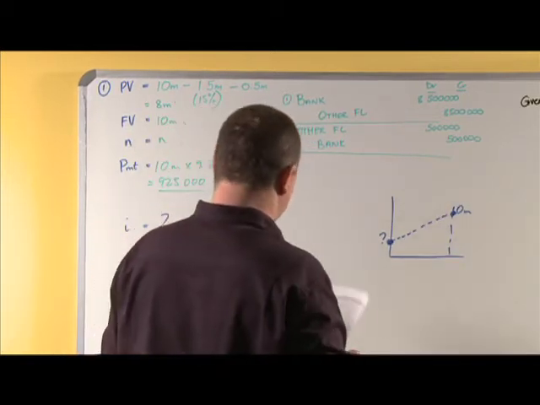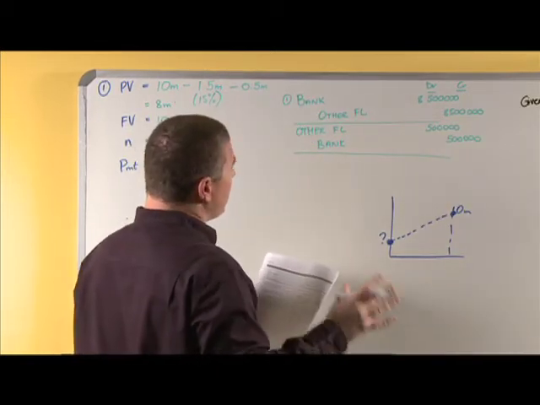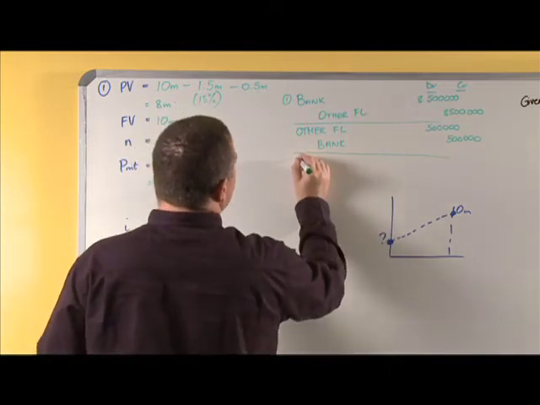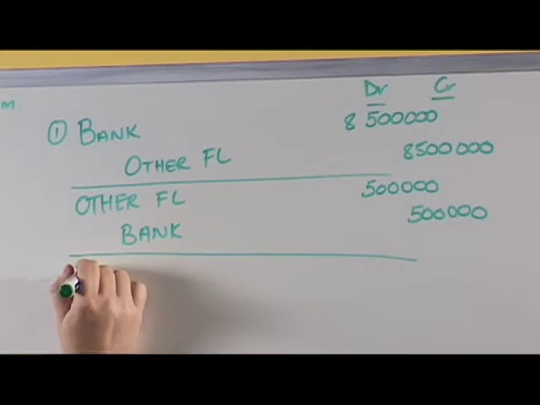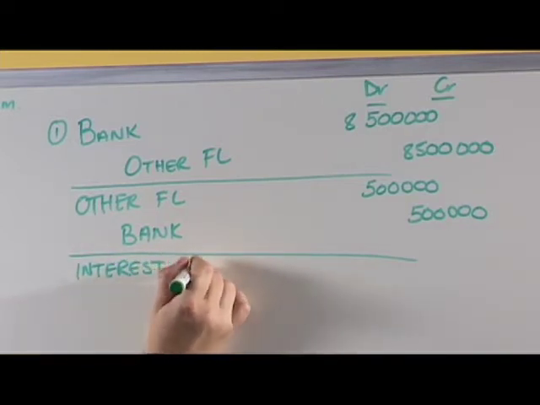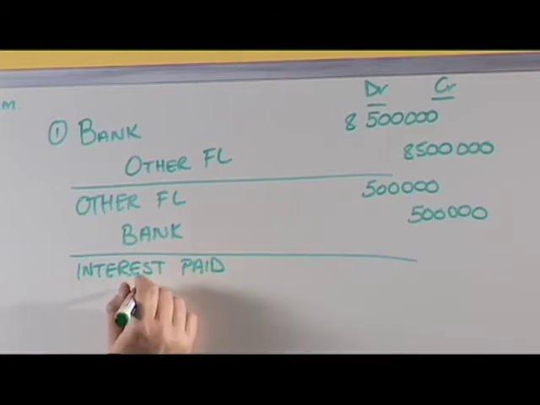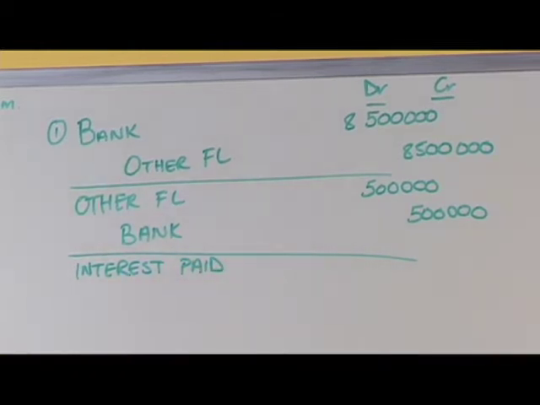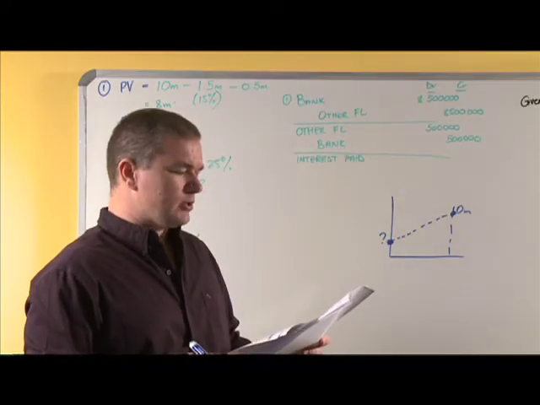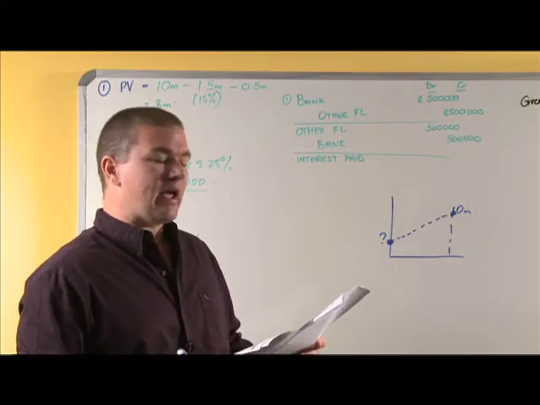Now I come along and say to myself, that's the first thing, but what hasn't been taken into account at all yet is the interest. So if it's a borrowing, then I've got interest paid. And very importantly, go back to the question: you couldn't credit bank, because they say the money is payable annually in arrears.